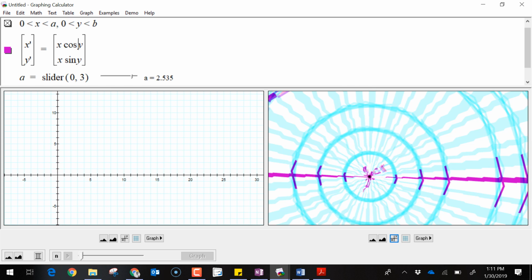So technically, this grid goes on forever. Yeah, I should just show you my computer.